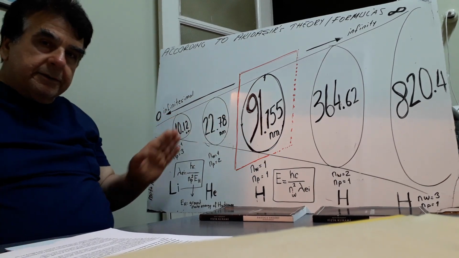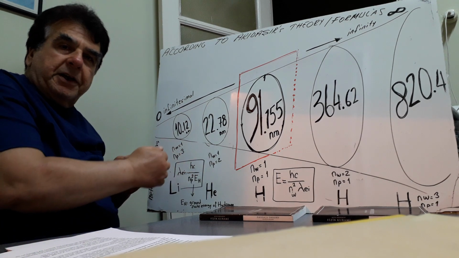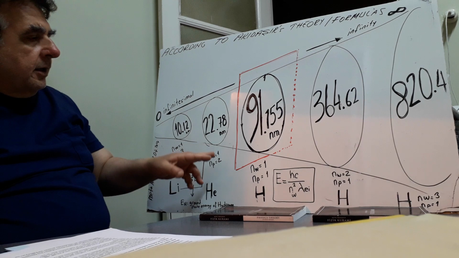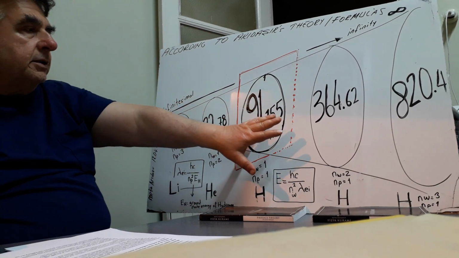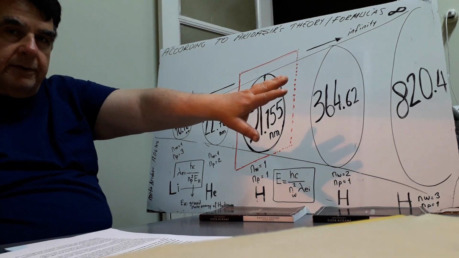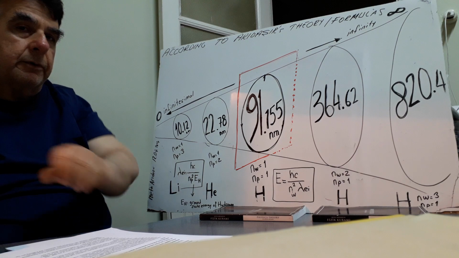Left side, proton addition side. This is one proton bound, 91.155 nanometer wavelength size, intertwined with proton electron motion form.